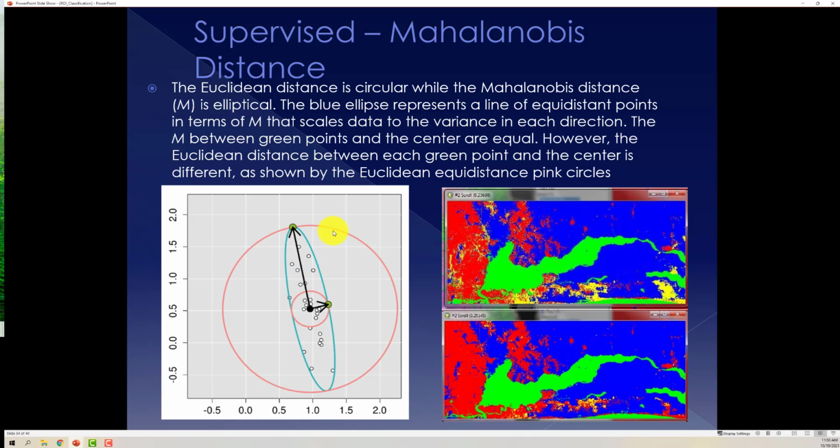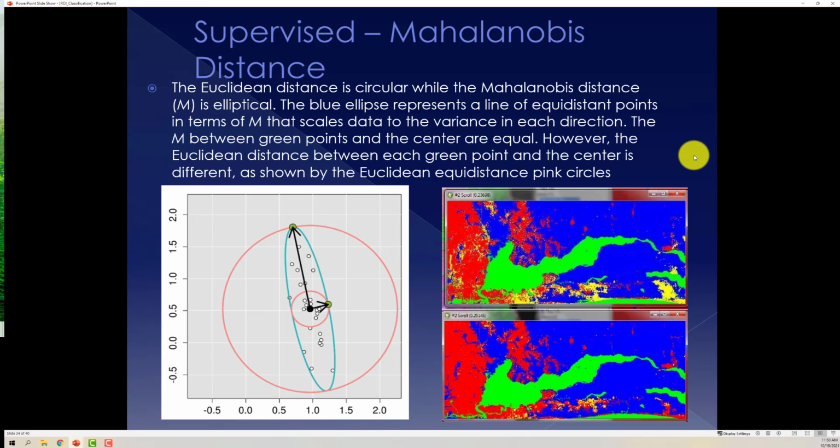It is rarely a perfect circle, but it can get similar to a circle, but mostly you will see these types of ellipses.